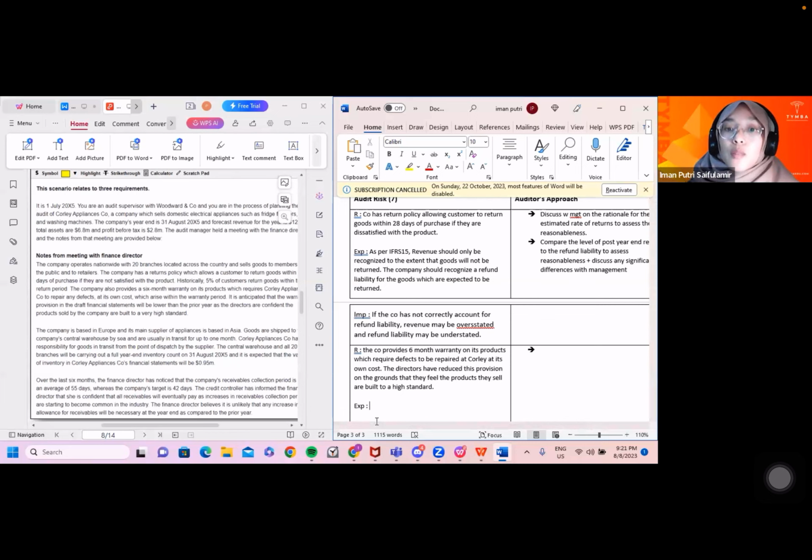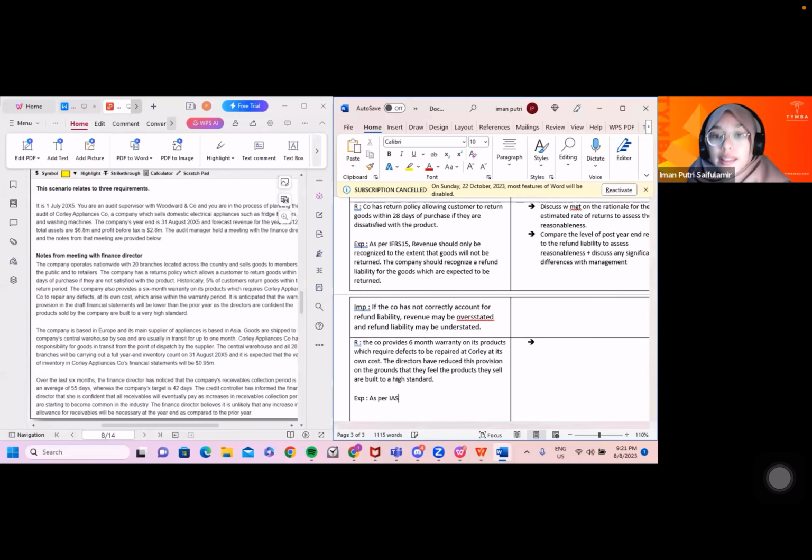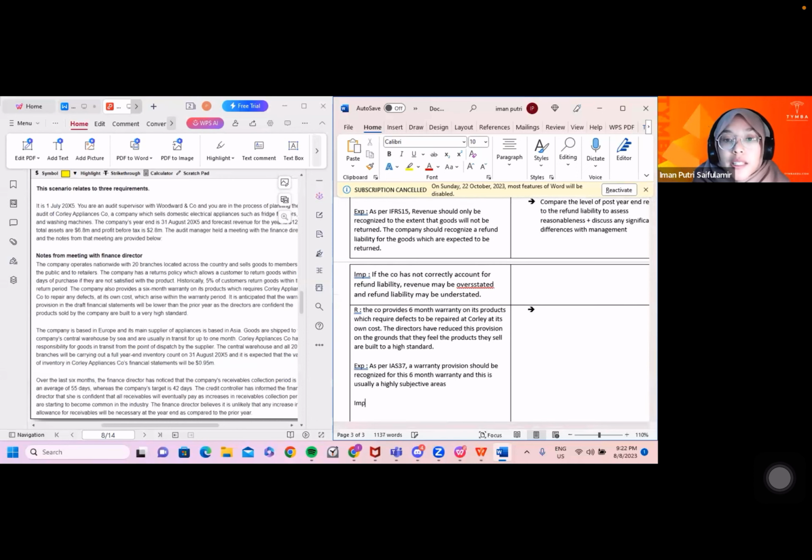Now we talk about warranty. We bring in IAS 37. A warranty provision should be recognized for this 6-month warranty, and this is usually a highly subjective area. So what is the implication, guys?